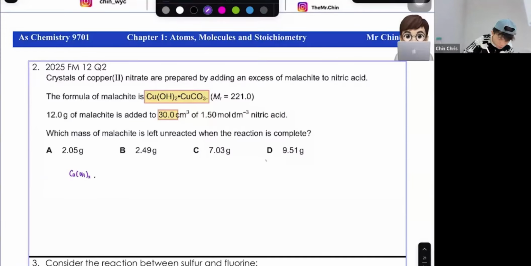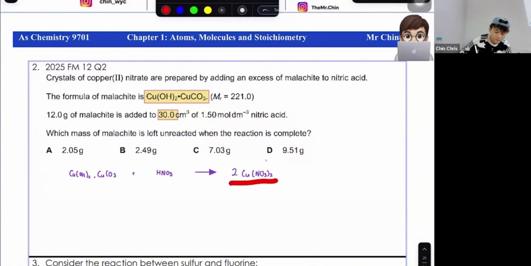Copper hydroxide, copper carbonate. You get 2 Cu(NO3)2, because one copper will react with 2 nitrate to turn it into Cu(NO3)2.